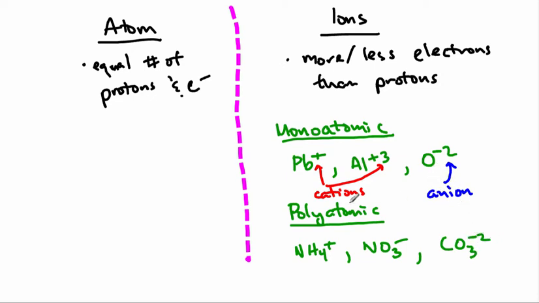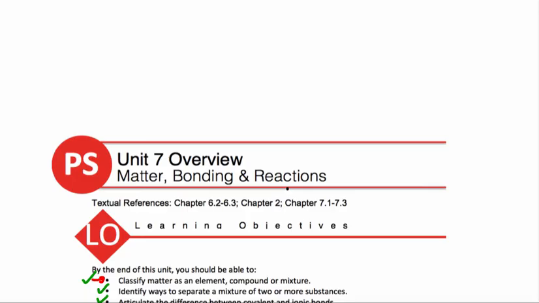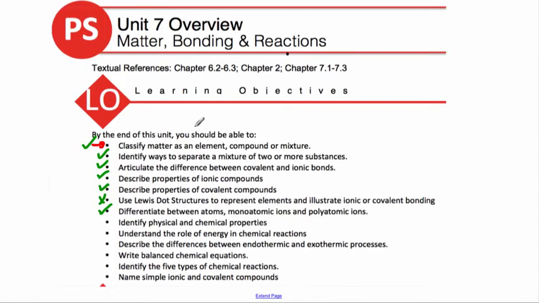And again, remember that whether we're talking about monoatomic or polyatomic, we can be talking about cations. In the example here, that's a cation, ammonium. Or we could be talking about anions, like these two examples here. So we can have monoatomic or polyatomic anions, and monoatomic or polyatomic cations. Okay. I think that takes care of that one.